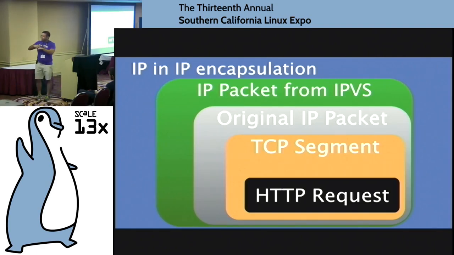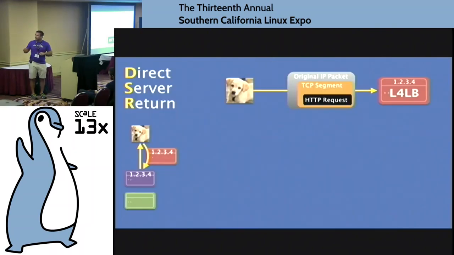So at that point, the destination will be the ProxyGen server. Then it gets to the ProxyGen server, and the ProxyGen decapsulates it. So it says, yes, this IP packet's for me. It takes it inside, okay, this is IP-in-IP encapsulation. It just drops that back on the network stack, and then it serves the request like normal. And at that point, because it's the original IP packet, it just egresses back to the user that way.